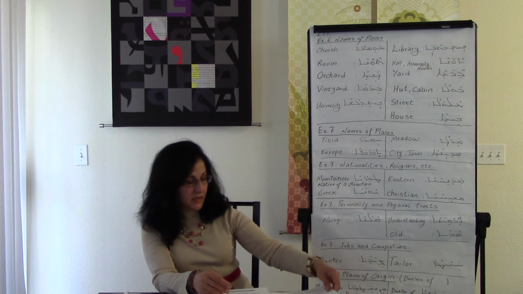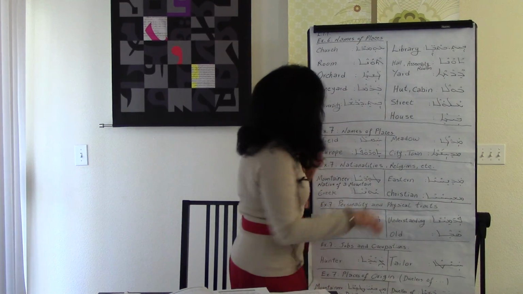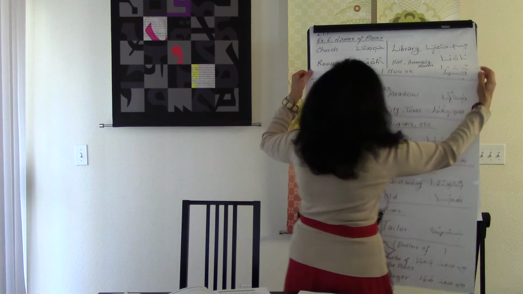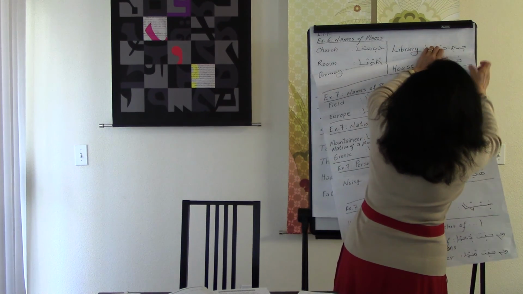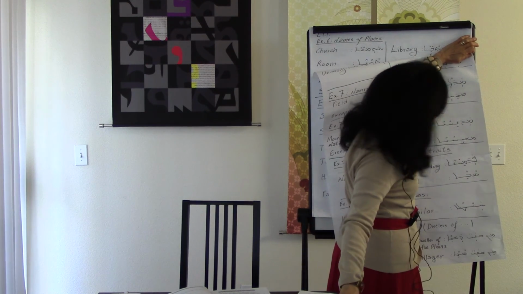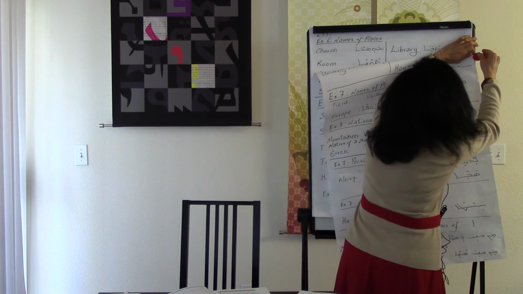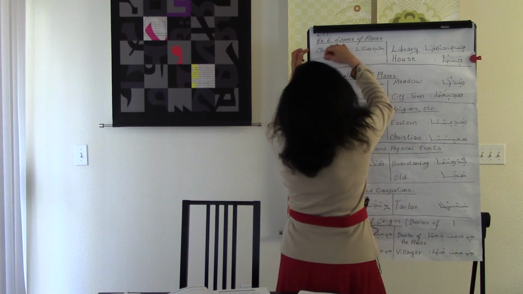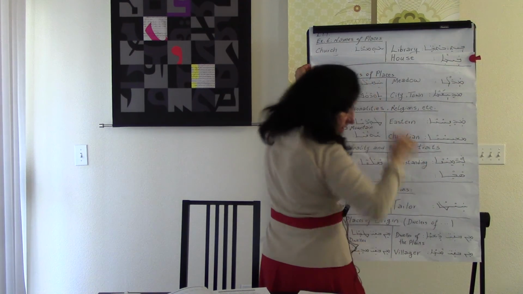Okay, now the last exercise is a general substitution. So you will have all the previous types of words, names of people, names of places, nationalities, personality traits, etc. all in one exercise.